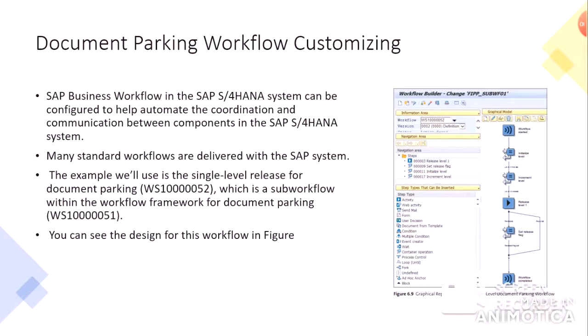Now, document parking workflow customizing. If we see the screenshot, it looks very complicated. If we see the graphic model of the workflow, the workflow starts, initializes the level, increments the level and releases level 1, and if it is approved, it will release the release flag and the workflow will be completed.